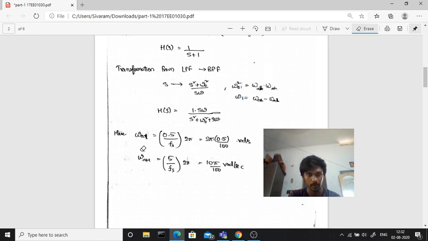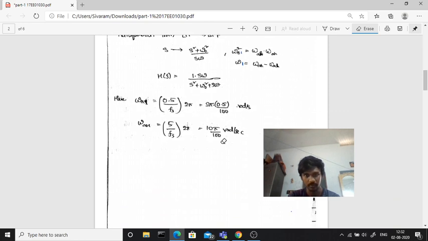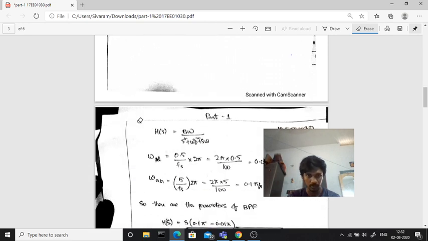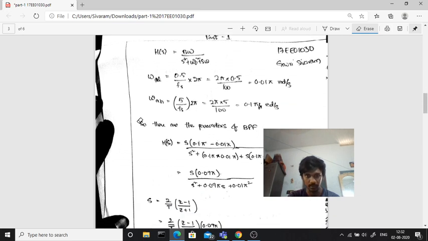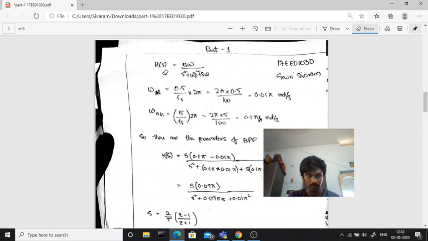Coming to ω lower, we need to find 0.5 by fs into 2π, and similarly ω higher. These two are the lower and the higher frequencies that we need to keep by using the band pass filter. We can calculate mathematically the equation that we get from here. So H(s) is equal to sω/(s² + ω0²) plus sω.